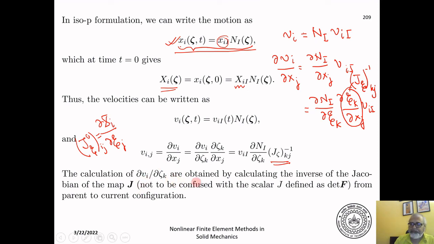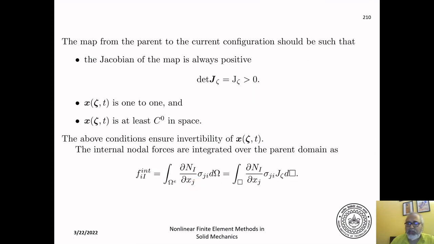When you find out, say, FiI, and you use this to find out FiI, you obviously don't integrate directly over the physical space; you integrate over the parent space, and then change this to J zeta times d zeta. This is, in our case, d zeta 1, d zeta 2, d zeta 3 for the 3D case. So this is how we do integrations.